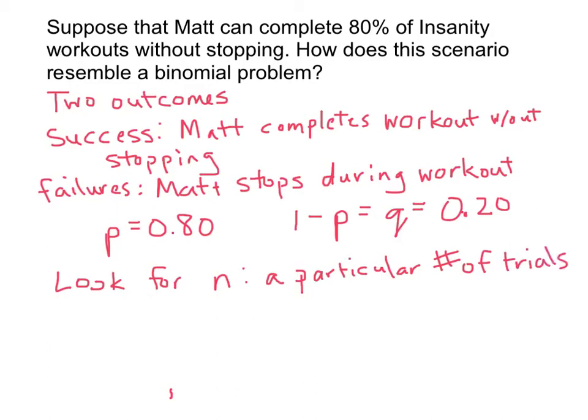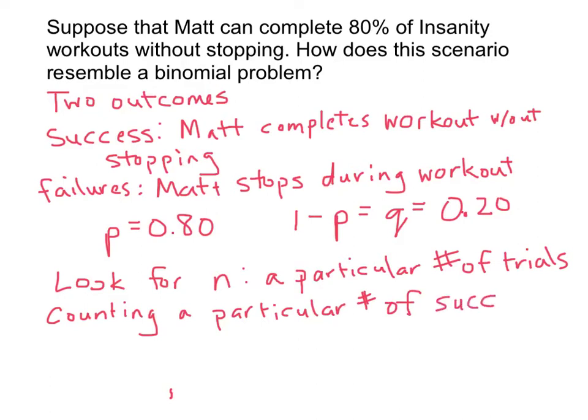And the essence of a binomial is that you're counting a particular number of successes out of how many trials. So we'll see this. But right now, the success or failure is the big part of the binomial.